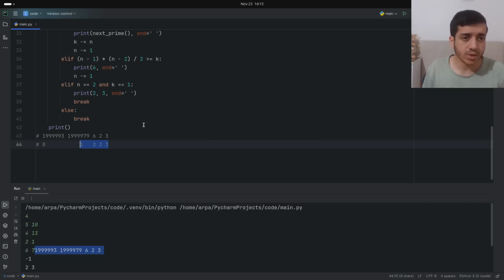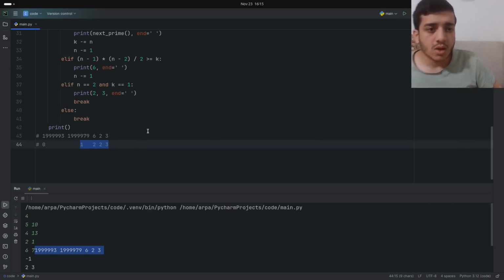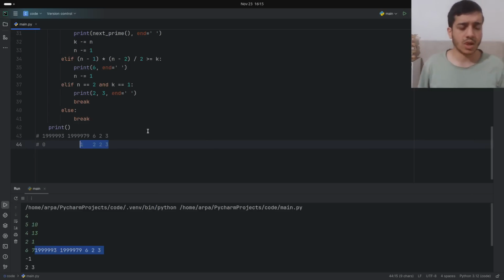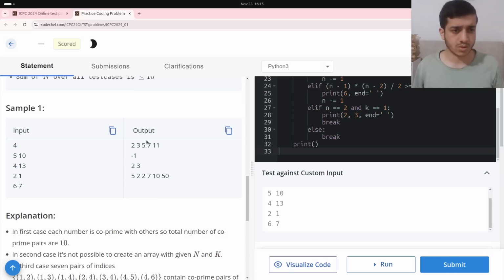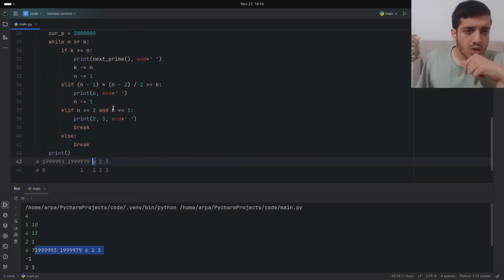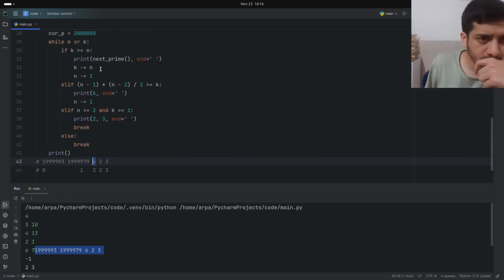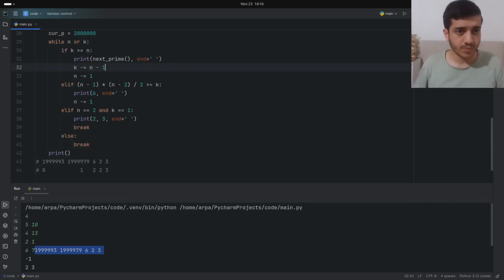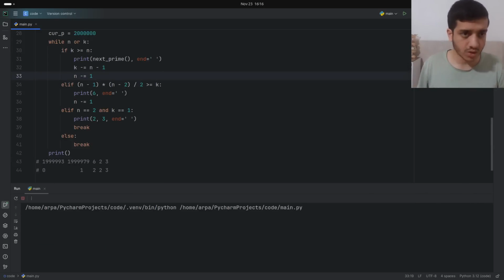I really don't understand this. So for this, it needs to be always. So why does it print 6 here? So this was incorrect.